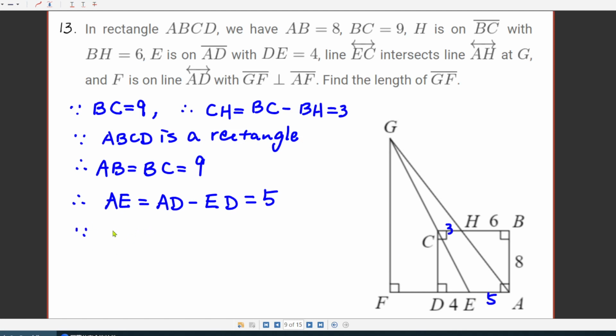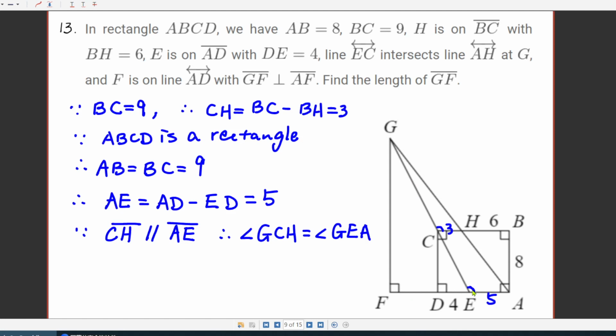And because we also have segment CH parallel with segment AE, or line AE, doesn't matter, we have angle GCH equals angle GEA. GCH is here.